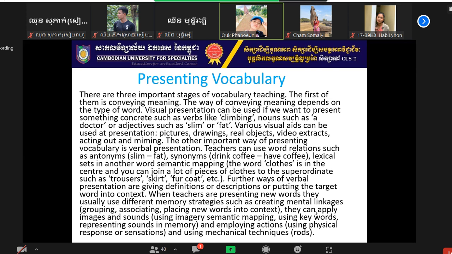They can apply image and sound using imagery, semantic mapping using keywords, representing sound in memory, and employing action using physical response or sensation, and using mechanical techniques.